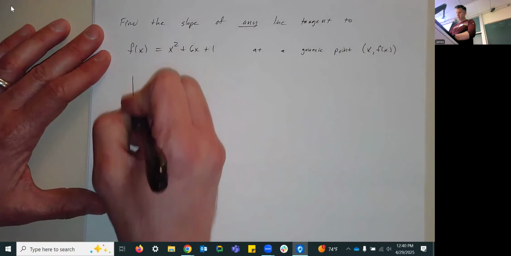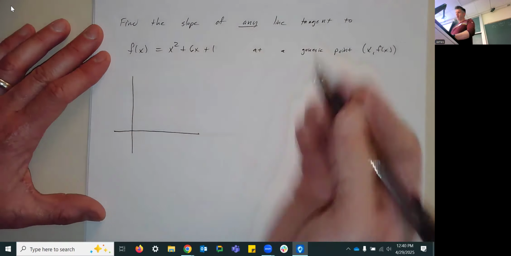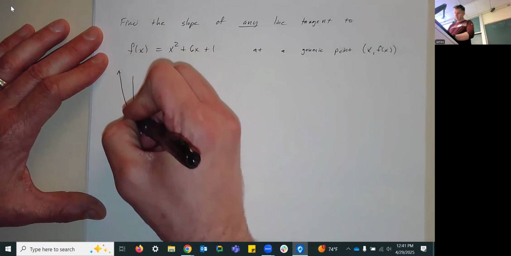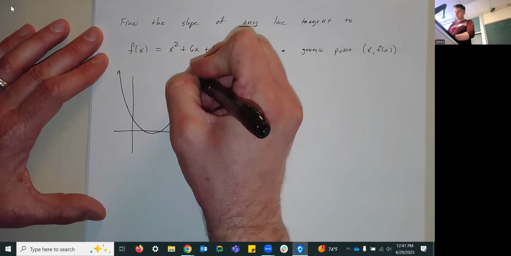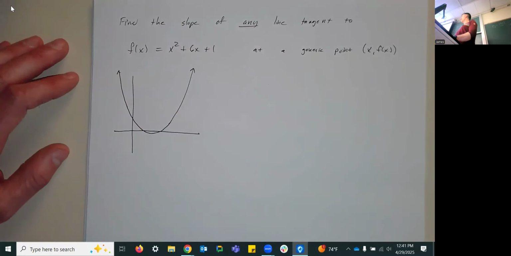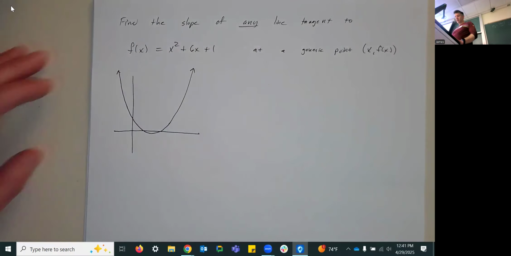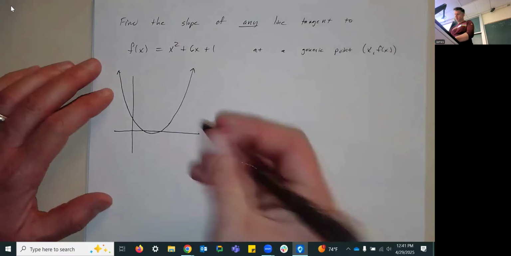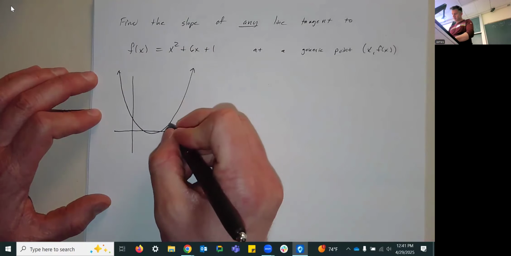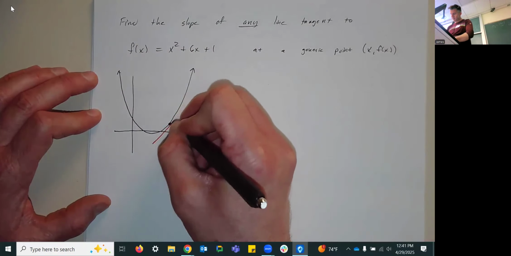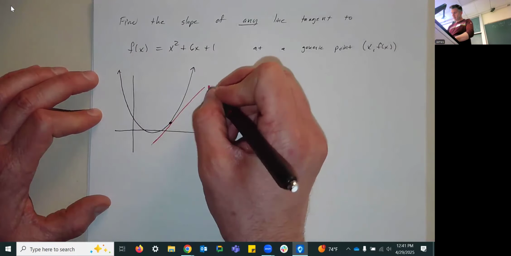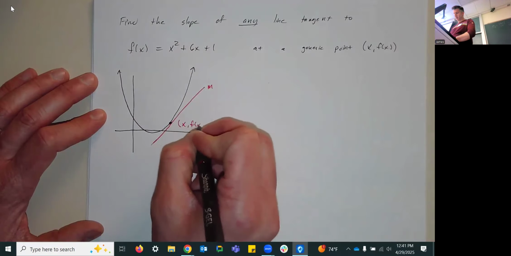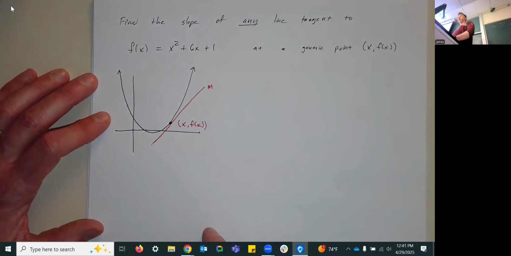So we've got some parabola, looks vaguely like this. It might not look quite like that, but I don't care so much about what it looks like. And the idea is we would really like to find the slope of the tangent line at the point right here. But we're just going to say that that point is the point x comma f of x. Some x value, it's got some y value.